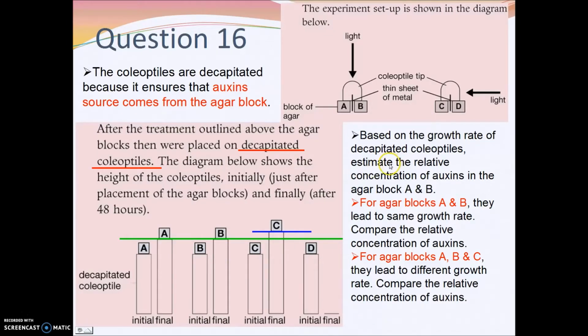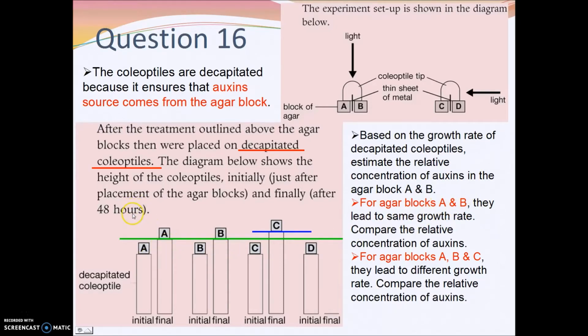Some factors I would like to highlight: based on the growth rate of the decapitated coleoptile, we can estimate the relative concentration of the auxin in agar blocks A and B, and also C and D. For example, for agar blocks A and B, they have the same growth rate, right?